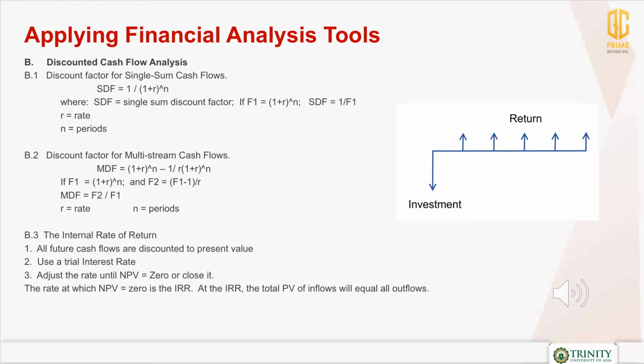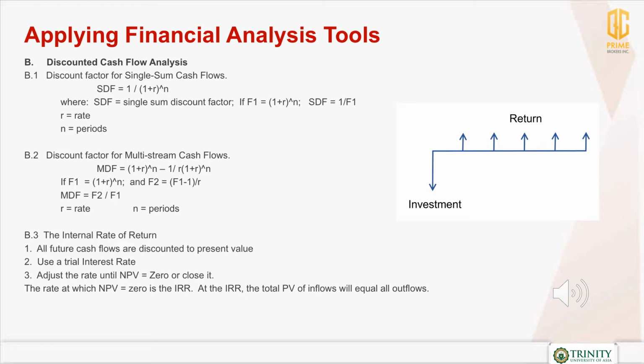After computing the profitability ratios, now we analyze a project using discounted cash flow analysis. For single sum cash flows, we use the single sum discount factor. And this is the formula. SDF is equal to 1 over the quantity 1 plus R raised to the n, where SDF is equal to the single sum discount factor.